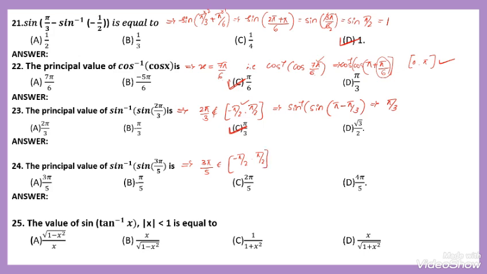So I can write it in a balanced manner. This one is smaller and this one is greater, so I can split 3 pi by 5 into pi minus something over 5. Here this is not balanced.